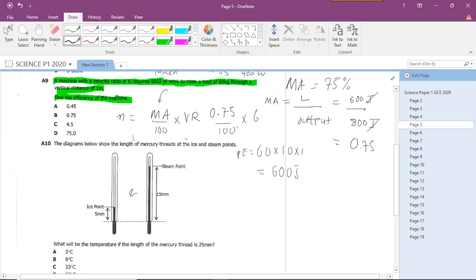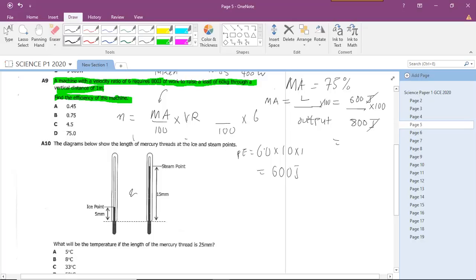Again, I'm making an error. The 100 is supposed to be there, on this side of the equation, in this last part. So this shouldn't be 0.75, it should be 75. The mechanical advantage is equal to load over energy output times 100.